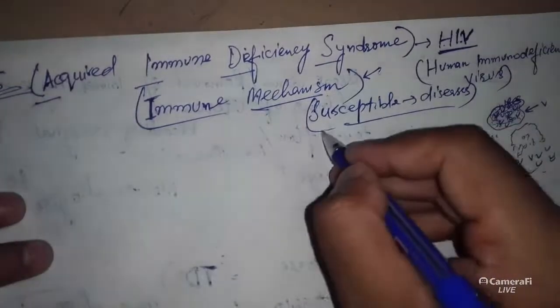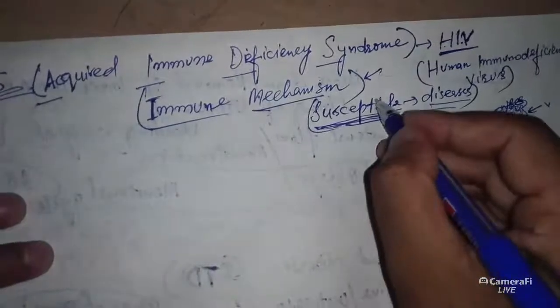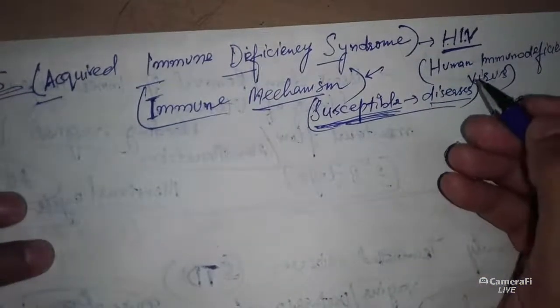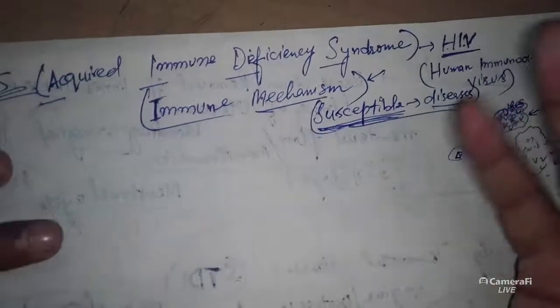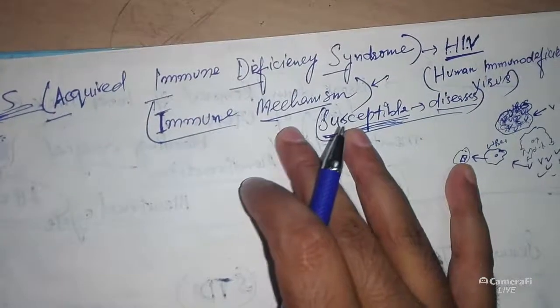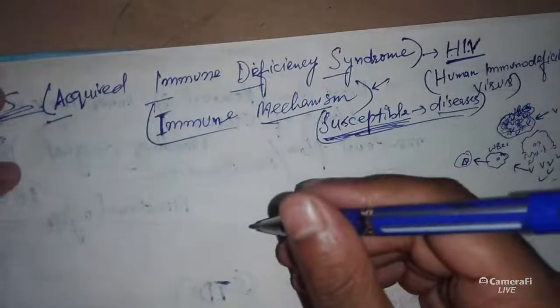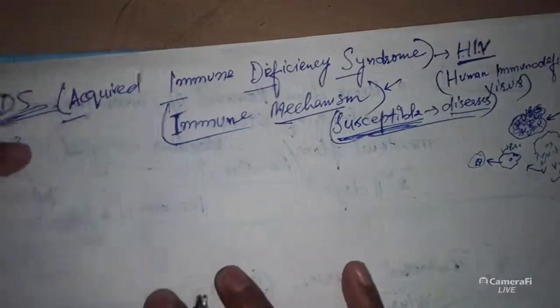That is, the body is susceptible to new diseases. Susceptible means prone, so any disease can come. Why? Because the military force is totally engaged. They no longer have the ability to fight against any other disease. Okay, so this was all about this.